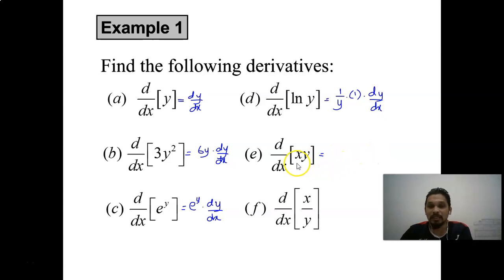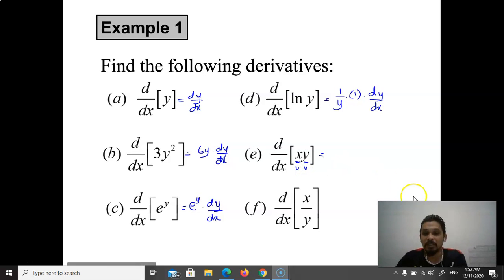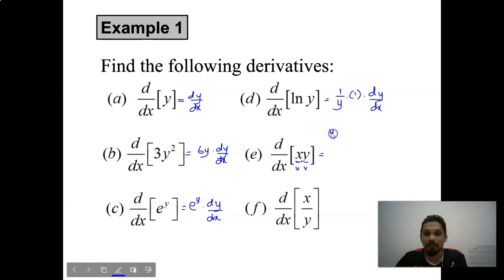Next, in this case, we divide into two parts here, just like u and v. Look at this slowly. Differentiate x with respect to x. We call u prime dot v plus u dot v prime. Differentiate x with respect to x, 1.